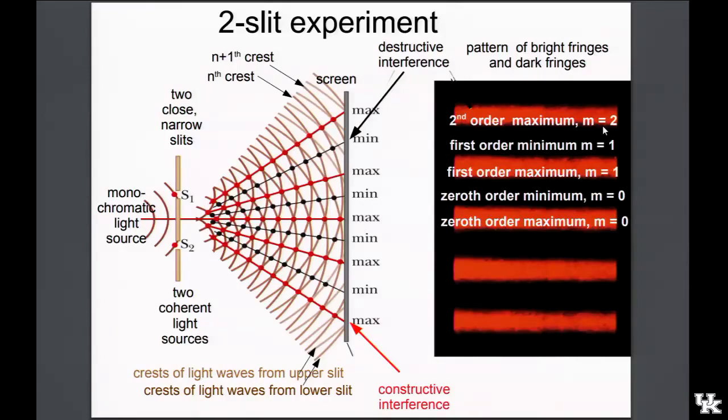If we look at this black line, well, let's pick this point here. When the wave from the bottom slit is a crest, actually the wave from the top slit is a trough. We're halfway between crests. So this is destructive interference. That's true here too. When the wave from the top slit is a crest, the wave from the bottom slit is halfway between crests.